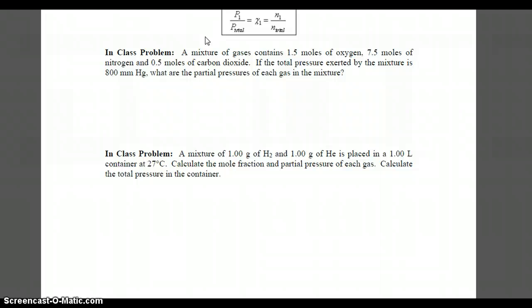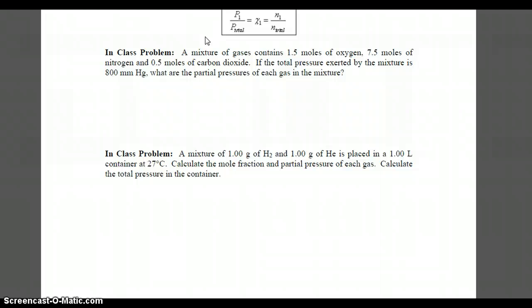Okay, so for instance, for the partial pressure of oxygen, you should be multiplying the total pressure, which is 800 millimeters of mercury, by the number of moles of oxygen, which is 1.5, and then dividing by the total number of moles, which is 9.5 moles. So your partial pressure of oxygen should be 126 millimeters of mercury.